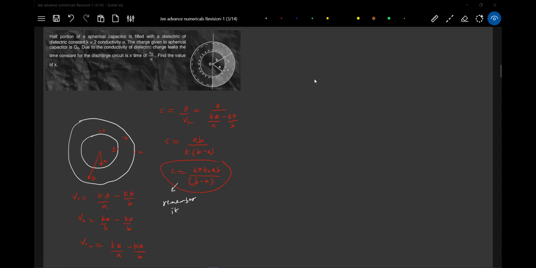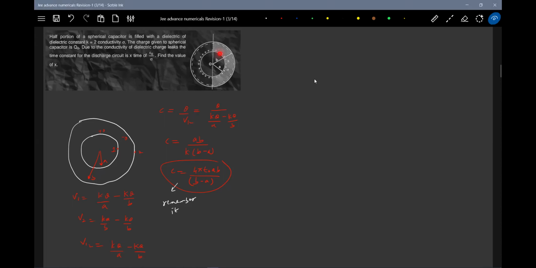Two capacitors will become parallel, no? If you connect a cell across here, a part of the charge will flow like this, a part of the charge will flow here. So these two will become parallel, not series. So the idea has to be brought from there.